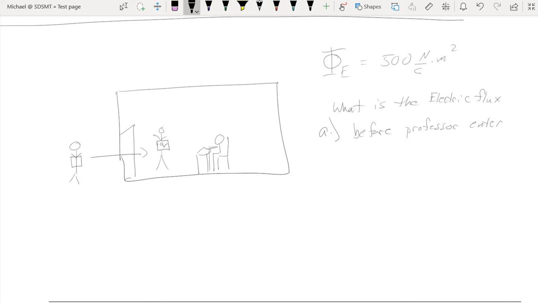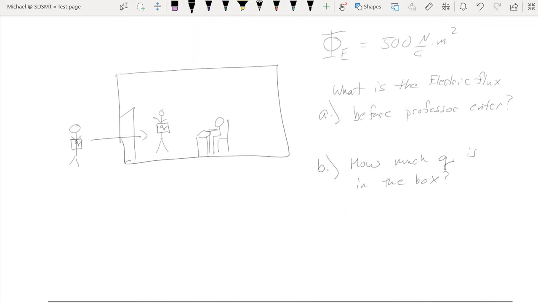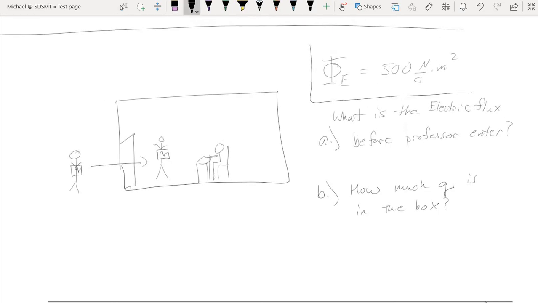And we're only considering the charge that is in the box. And then part 2, how much charge is in the box? So those are the two questions. This is the electric flux after the charge is brought into the room, but before the charge is brought into the room, what would the flux be?